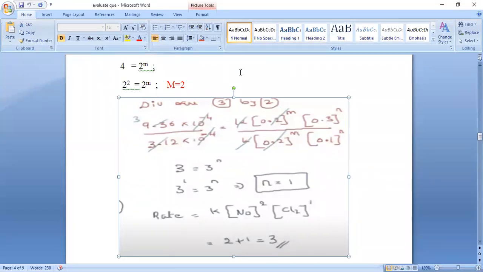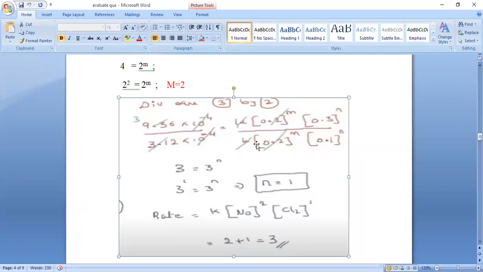Next we are going to divide equation 3 by 2. So for equation 3, the rate value is 9.36 into 10 power minus 4, divided by equation 2, rate value 3.12 into 10 power minus 4, equal to the remaining terms of equation 3, k into 0.2 power m into 0.3 power n, divided by equation number 2, k into 0.2 power m into 0.1 power n.